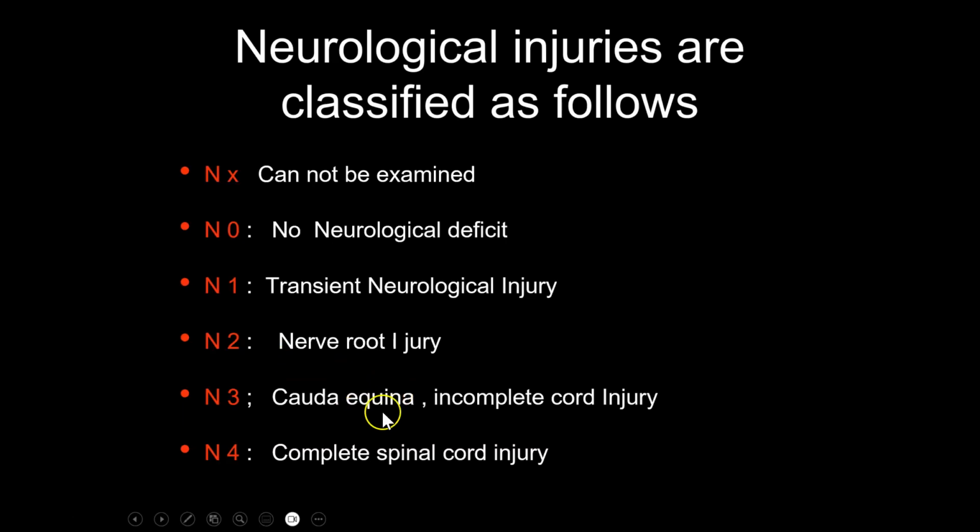If it is cauda equina or incomplete cord injury, it is N3. So NX not examined, N0 normal, N4 complete cord injury. In between them, transient is N1, nerve root N2, cauda equina or incomplete cord N3.